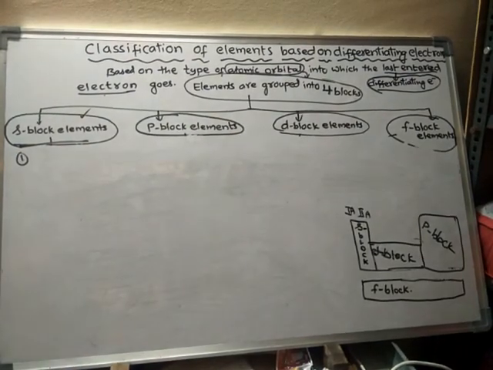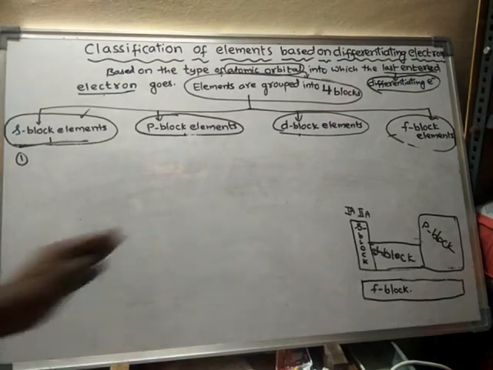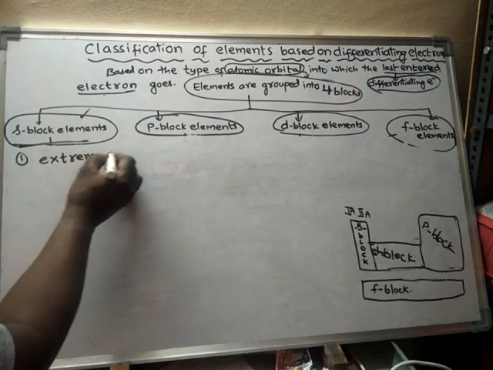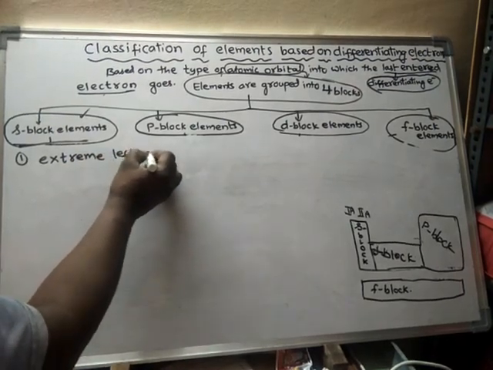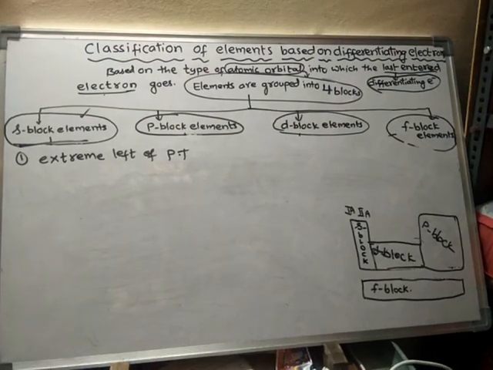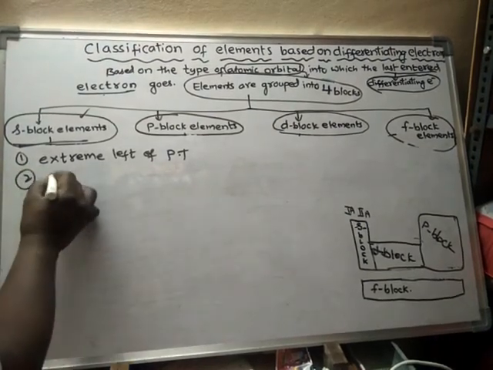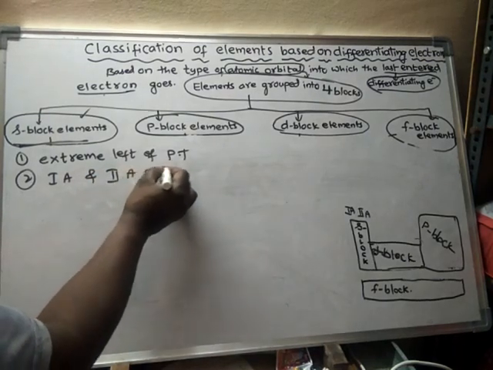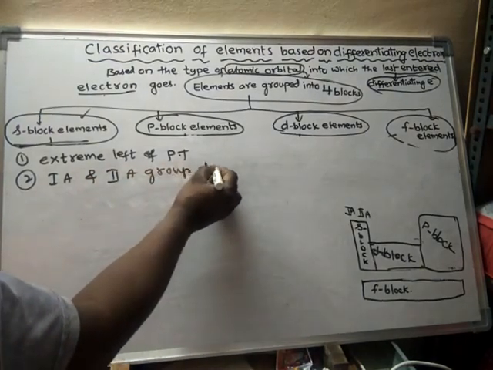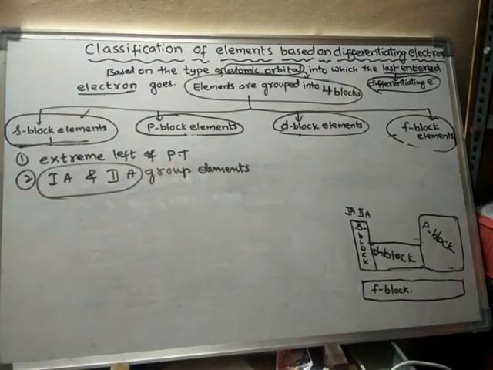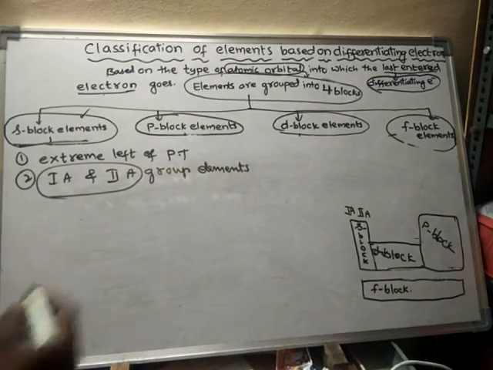This block is situated towards the extreme left of the periodic table. It contains first A and second A group elements together, which we call s block elements.